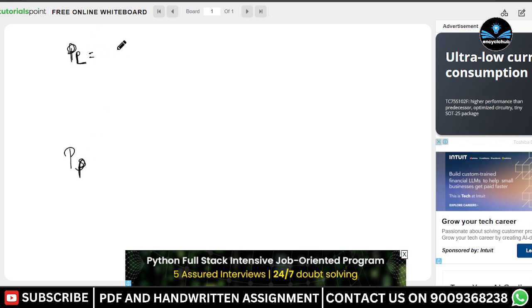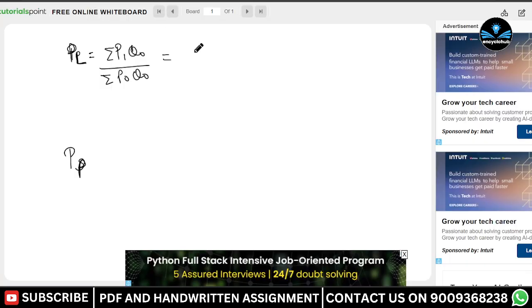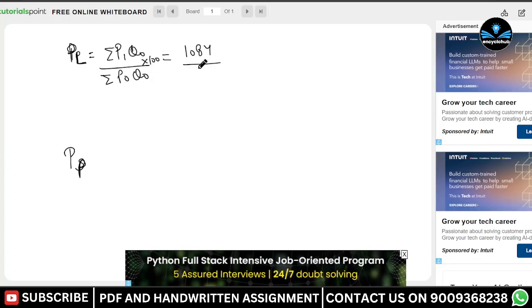For Laspeyres we have the formula P1 Q0 upon P0 Q0. P1 Q0 is given in this question: 1084, into 100, and P0 Q0 is 782.